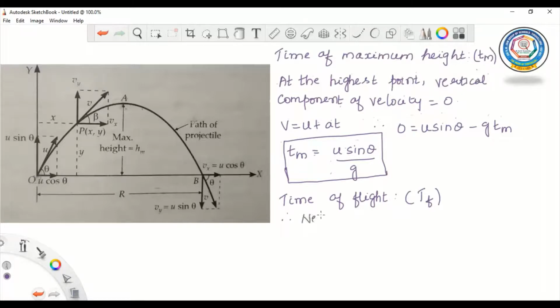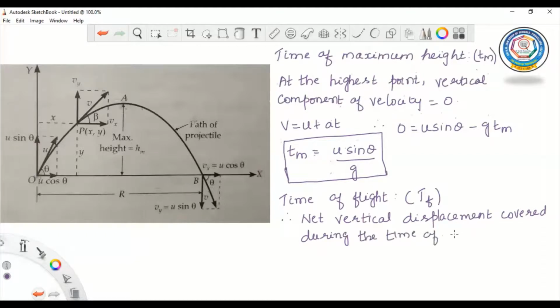Net vertical displacement covered during the time of flight is equal to 0.